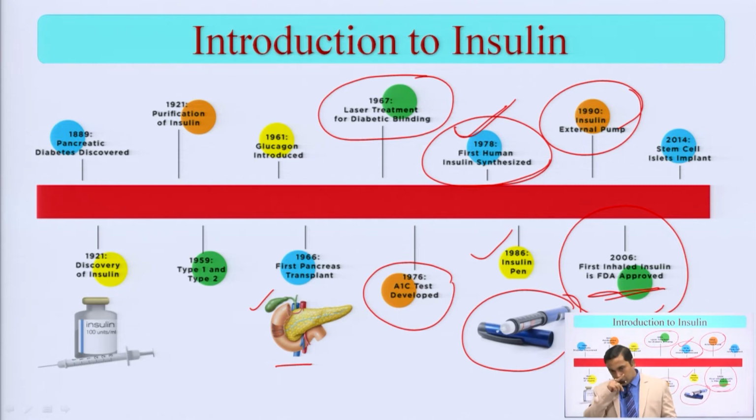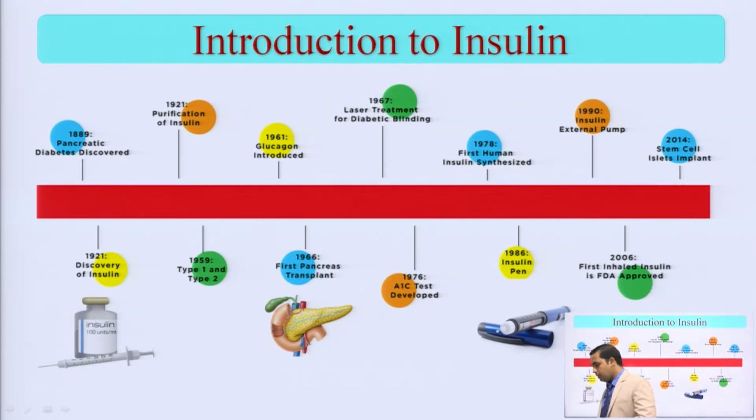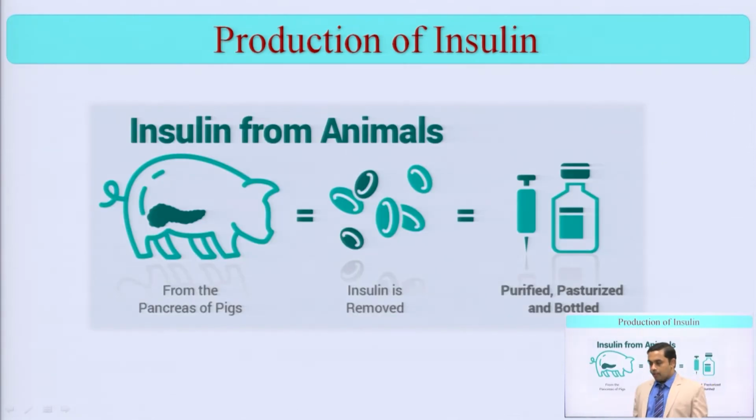You cannot take it orally, because there will be lots of complications, or it will not be able to pass your intestinal barrier due to its big size. Then in 2014, a stem cell or islet implant happened.